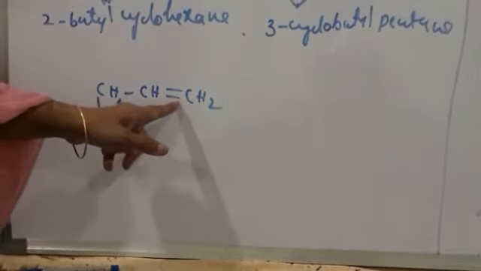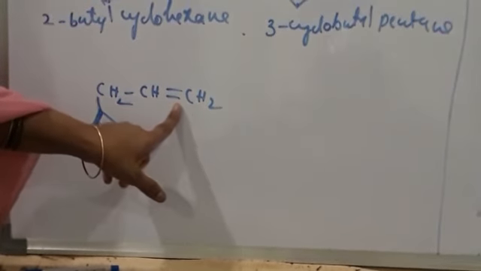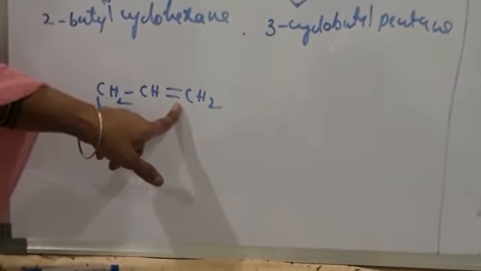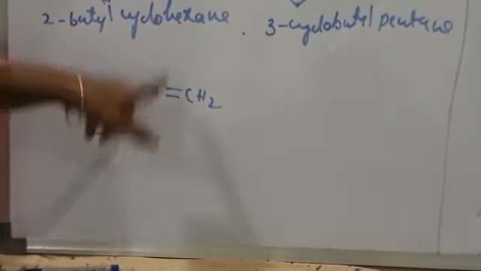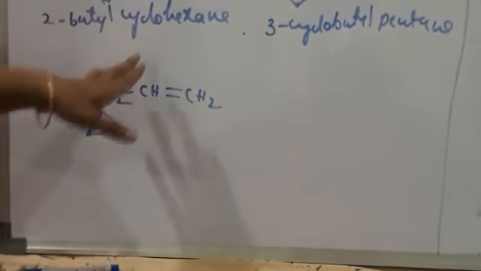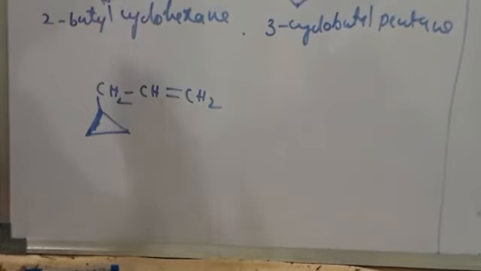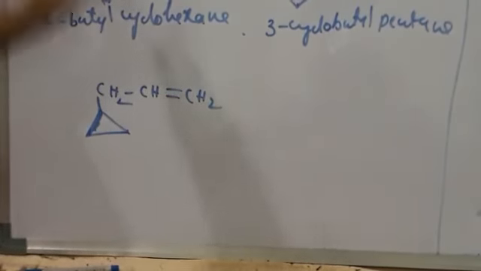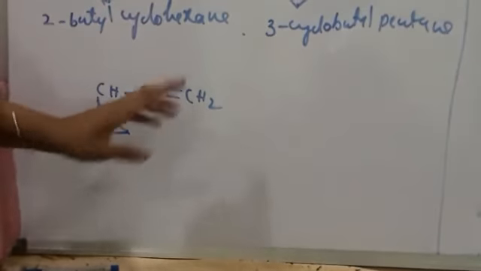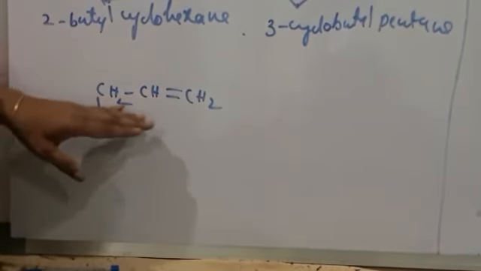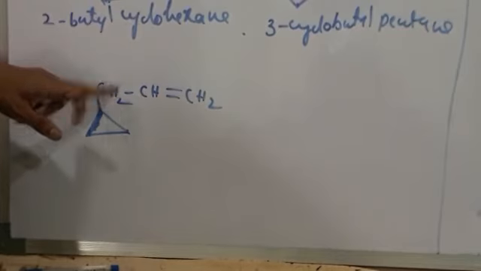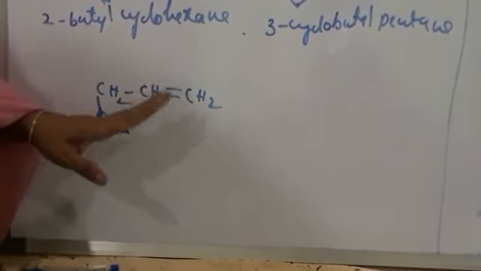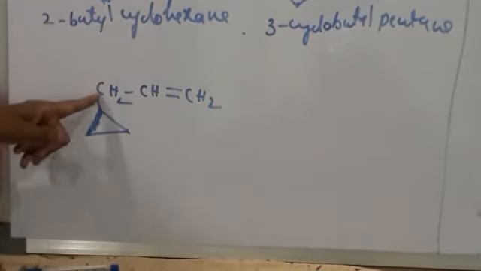Why? Because it contains a double bond, and a double bond is a functional group. So that's why it is named 3-cyclopropyl prop-1-ene. This is 1-propene.